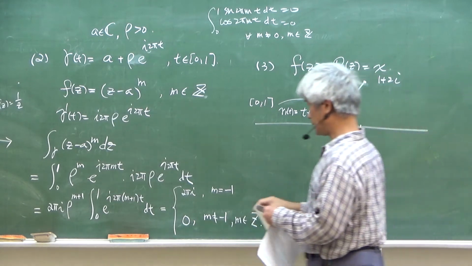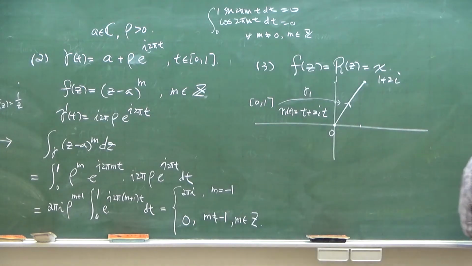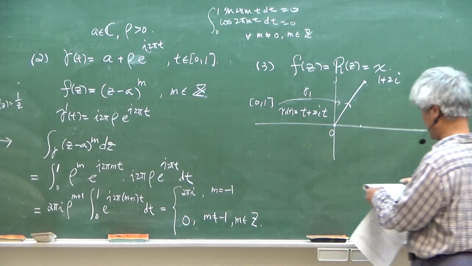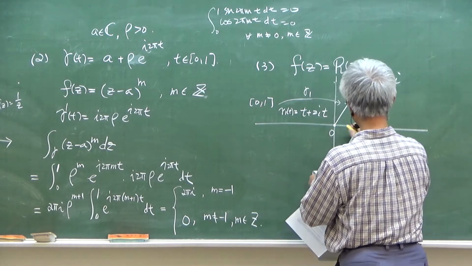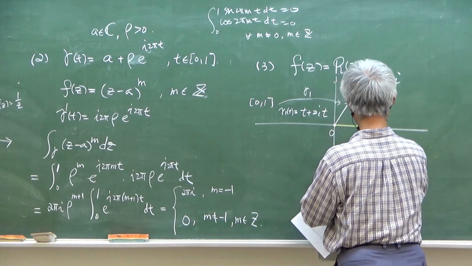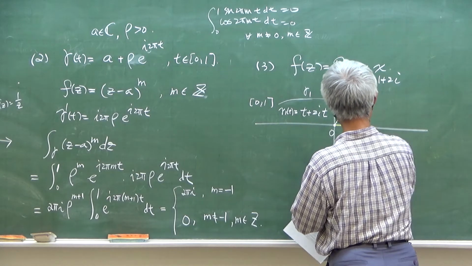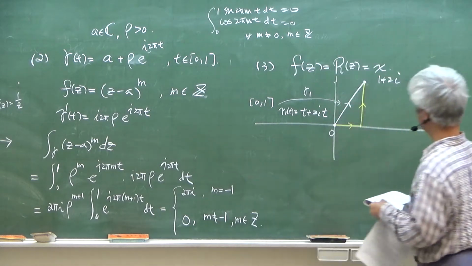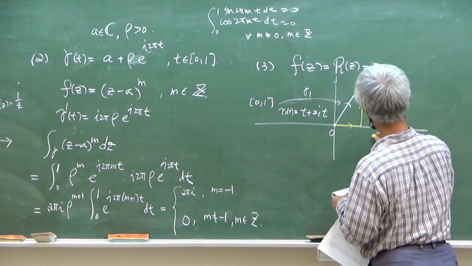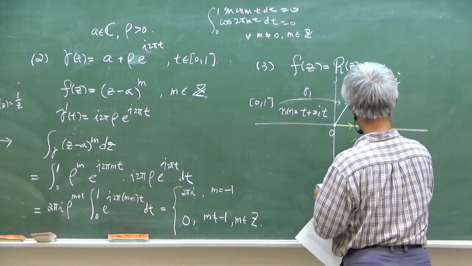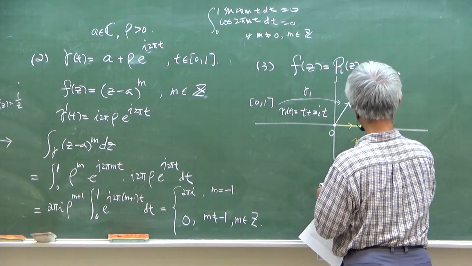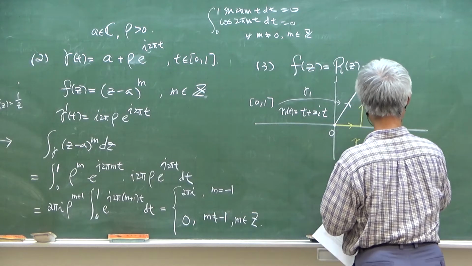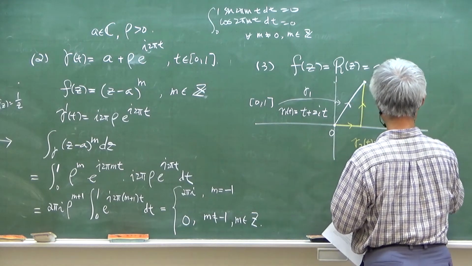And gamma 2 consists of two parts. First of all, going here and then going there. So gamma 2 t is equal to t when t is in 0 to 1.